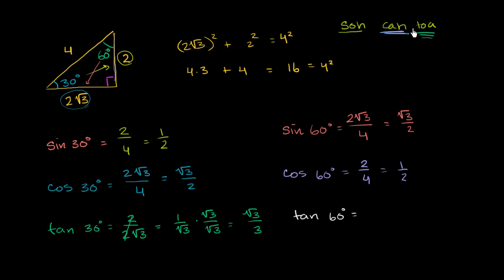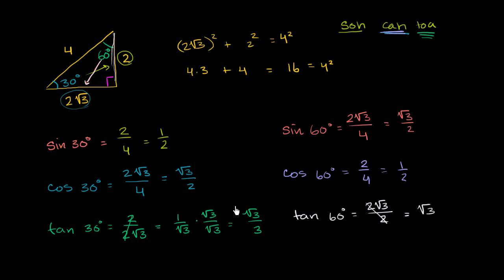Tangent is opposite over adjacent. Opposite the 60 degrees is 2 square roots of 3, and adjacent to 60 degrees is 2. So it's 2 square roots of 3 over 2, which is just equal to the square root of 3.